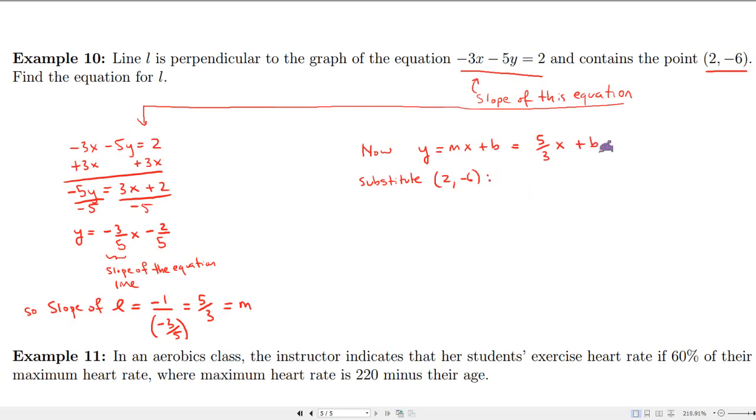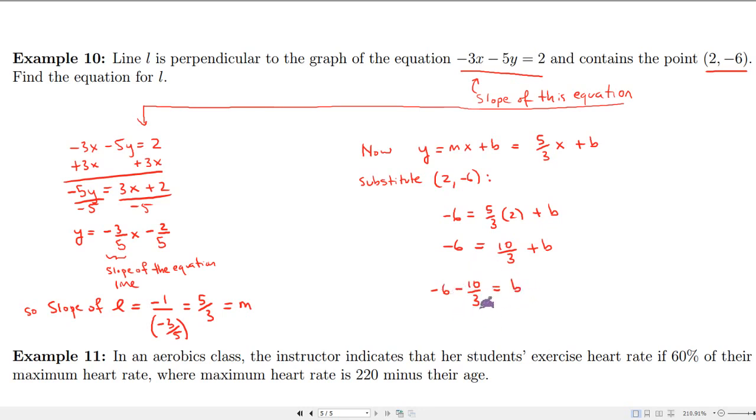The only thing that we don't know is b, and then we'll be done. So substituting this in, x is going to be 2, y is going to be -6. So we'll have -6 is equal to 5/3 times 2 plus b, and now just solve for b.